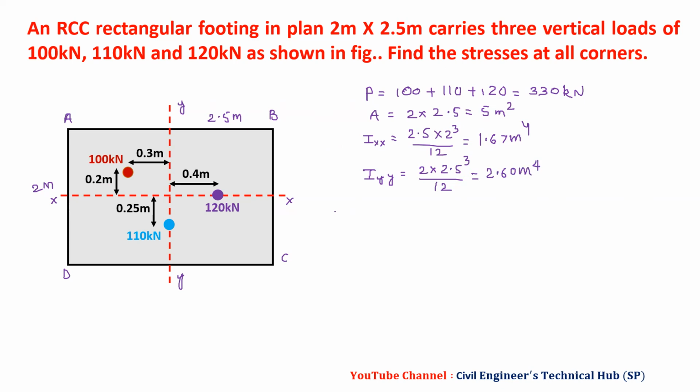And then we have to find out sigma A. So we have P by A. P is 330, and A we have 5. So this is 66 kilonewton per meter square. Now we have Mx, moment about the x axis. In that case, we have moment due to this 100 and moment due to 110.